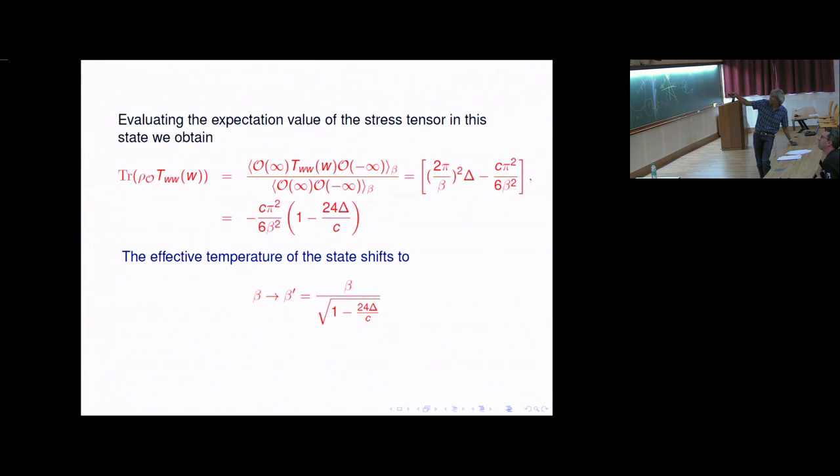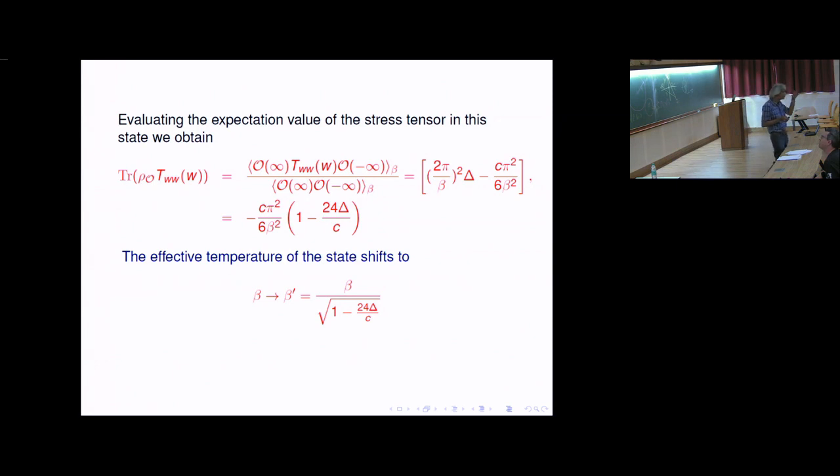This is the usual dimension of the operator, and this is the usual thermal vacuum, C minus pi squared by delta. And this is the shift. So you take this minus C pi squared by beta squared out, it is 1 minus 24 delta by C. Did you get minus C pi squared by 6 beta squared? Shouldn't it be plus? Well, it's Euclidean. It's minus.